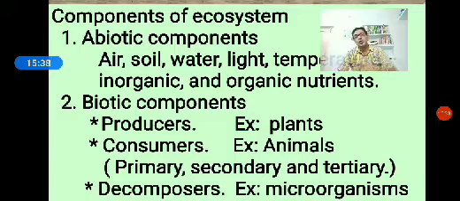Water is also a non-living component. The plants are rooted in the soil. Soil provides the essential nutrients to the plants. Soil is a non-living or abiotic component. Likewise, all the biotic components depend upon abiotic components.